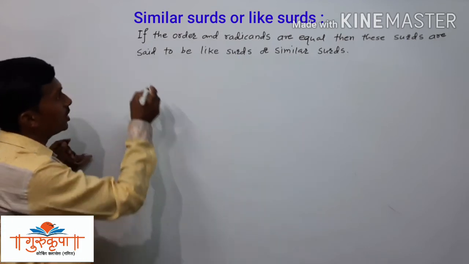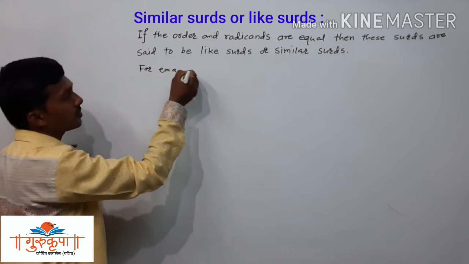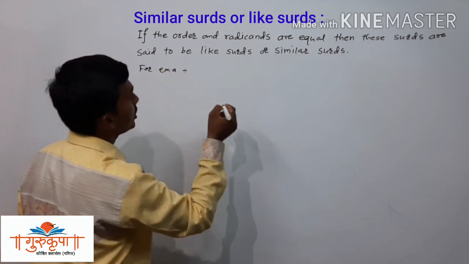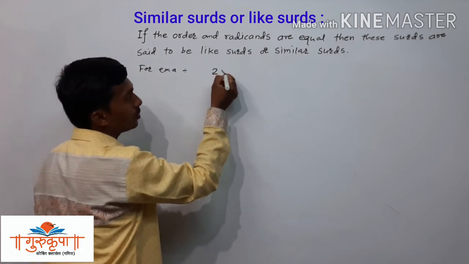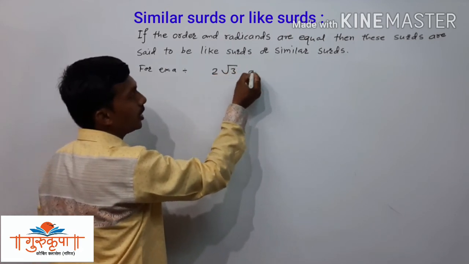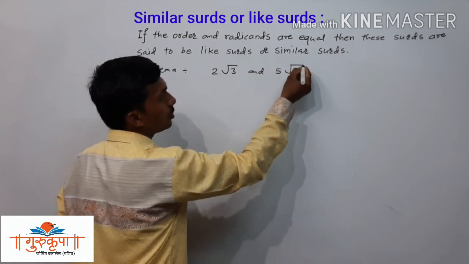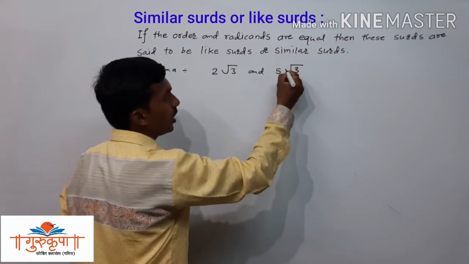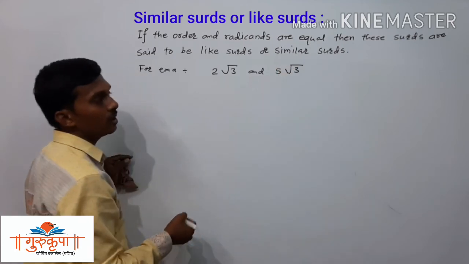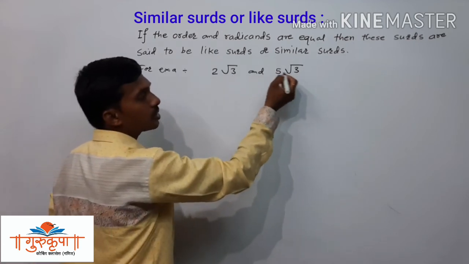For example, we will take the first example, 2 root 3 and 5 root 3. Here, this is a surd and it is also a surd.